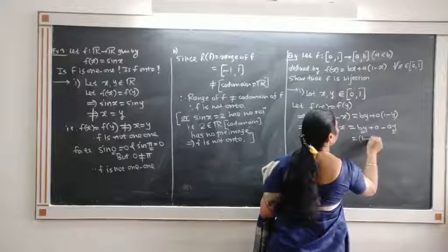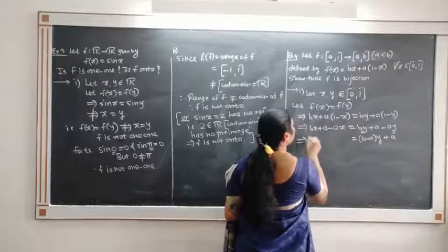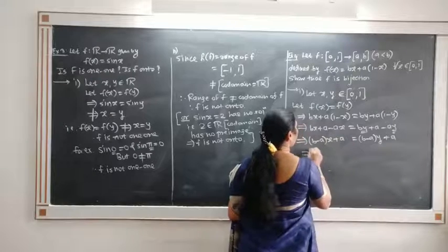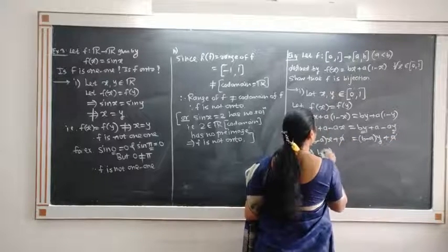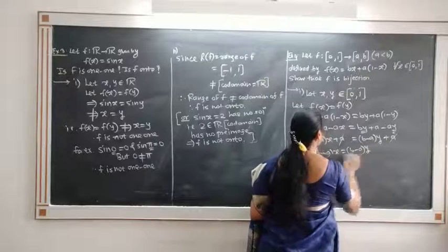This is nothing but (b - a)y + a, and this is (b - a)x + a. a gets cancelled on both sides. We get (b - a)x is equal to (b - a)y.